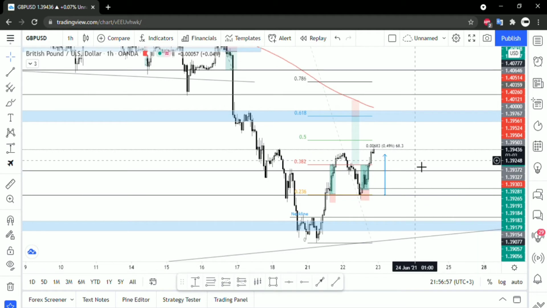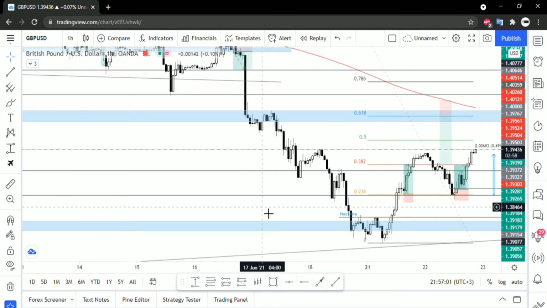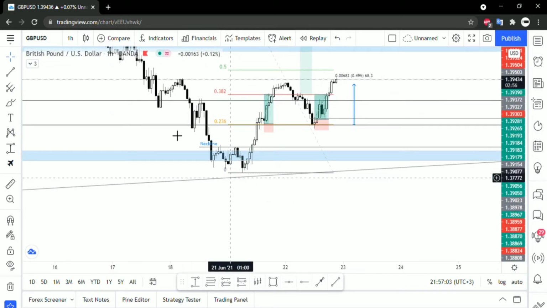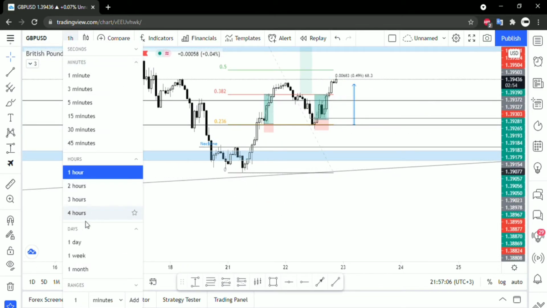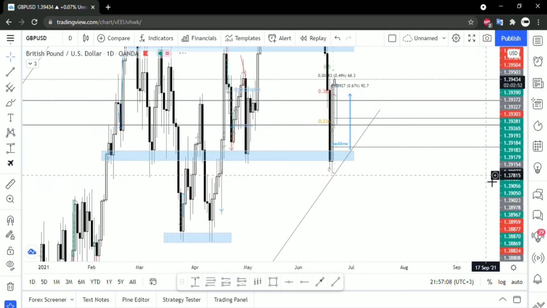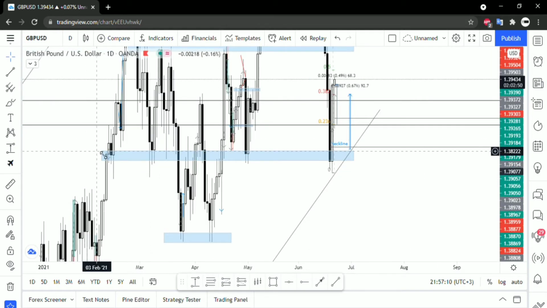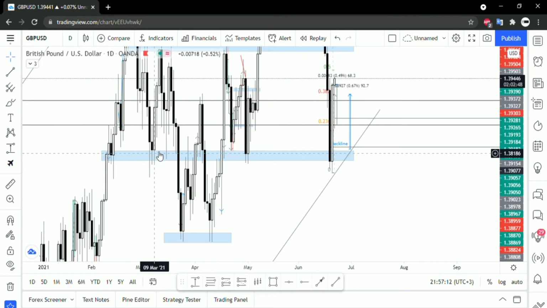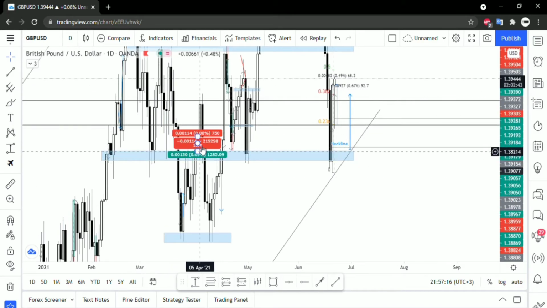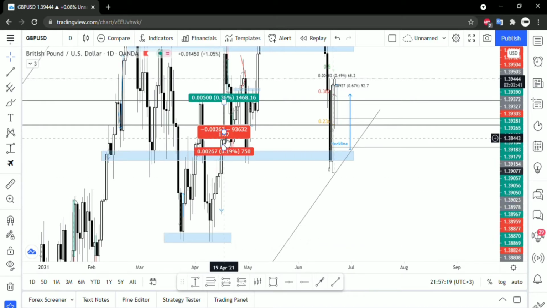So as you can see, we had a major drop all the way down to this support that has now become resistance. Let's just see on the 1 day time frame how this one also had been retested multiple times. Retested here, broke out, came back, retested a few times, broke out, came back, was retested again.